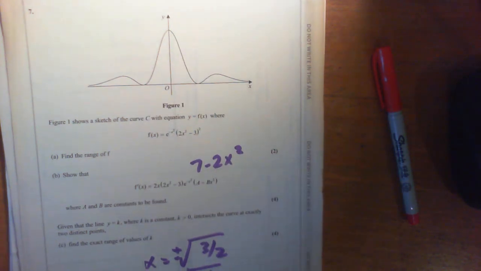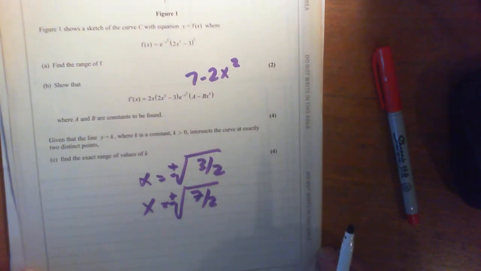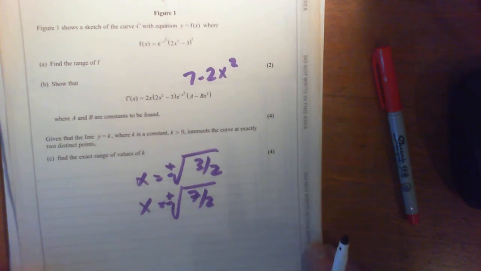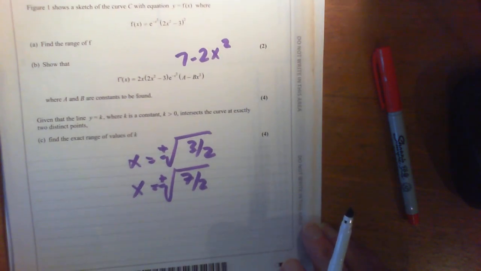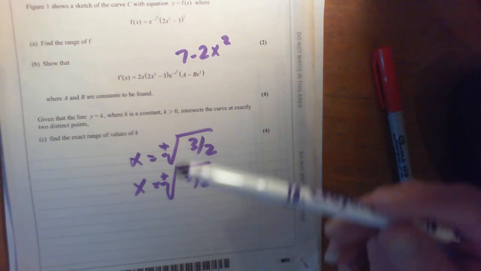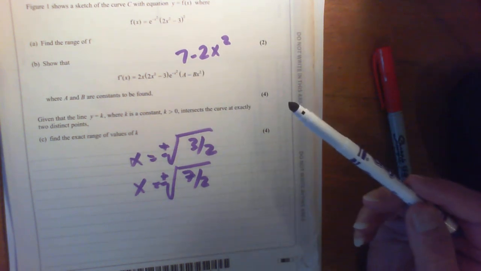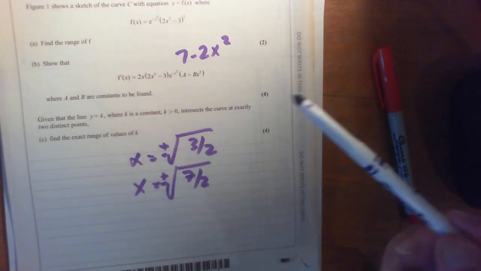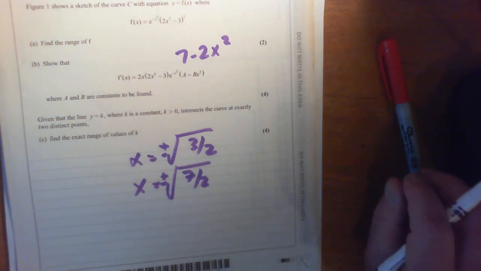So you've got these two values of x. What often happens in cases of trying to find stationary points is that people will find the first derivative, set that equal to 0, and then find out the x values, and then come to a stop.